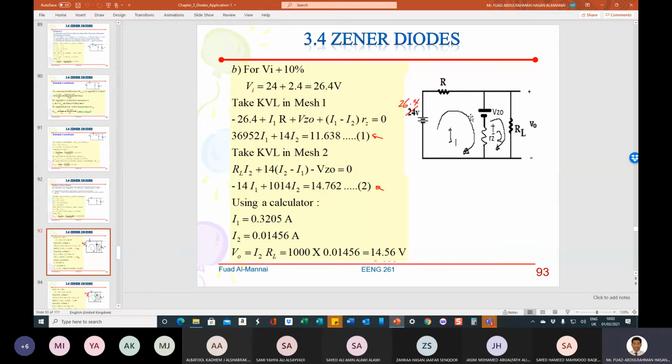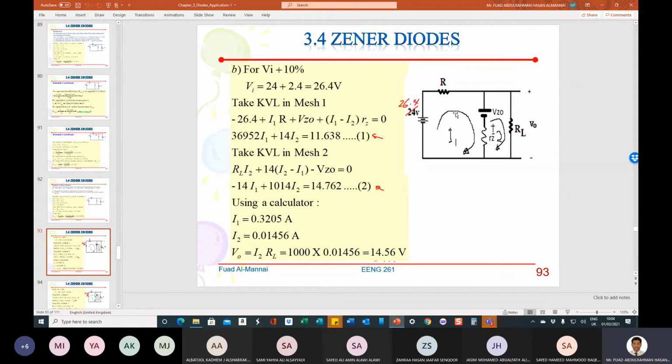Okay, we have two meshes here. We apply mesh analysis. Take KVL in mesh 1. How are we going to do that? Minus 26.4 plus I1 multiplied by R plus VZO. VZO doesn't change. Everybody is listening? Plus RZ, bracket I1 minus I2 bracket, is equal to 0.